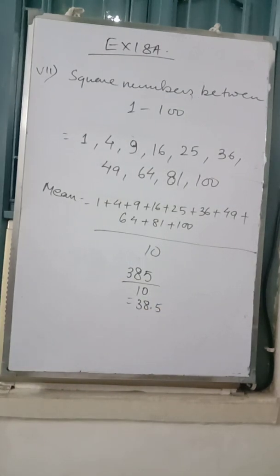So in this way we have to solve. We have to find the mean of the numbers given on the top. If there is a doubt, you can ask me in tomorrow's live class.